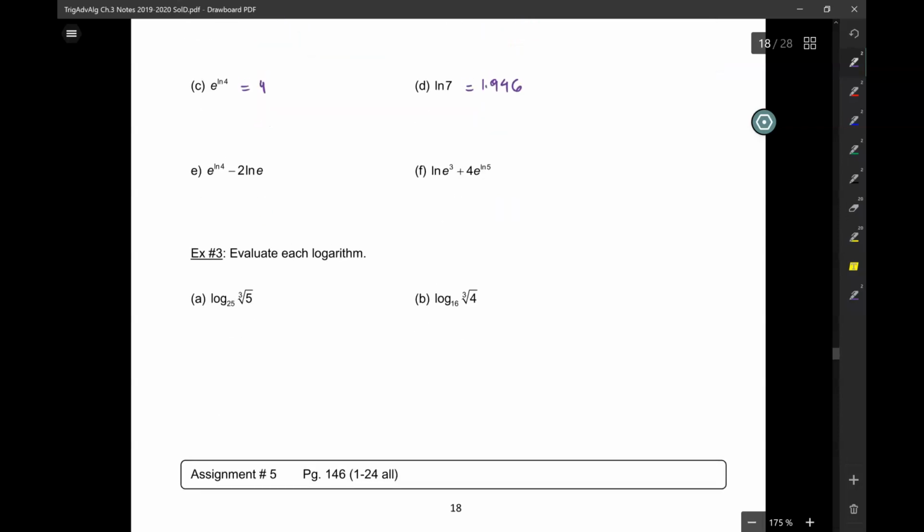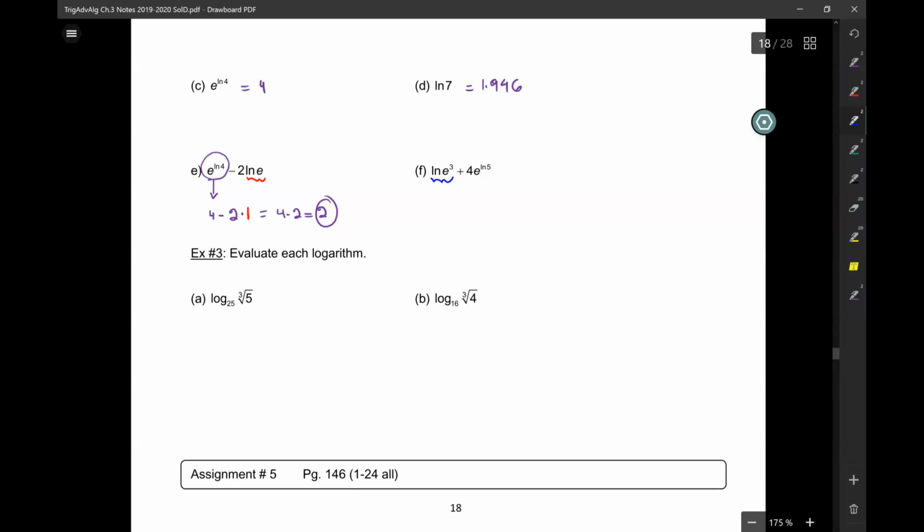Take a look here. This is a multi-step one. E to the ln of 4, how much does that equal? That's just 4 minus 2 times, well, what's ln of e? 1. So 4 minus 2, that's just 2. Cool? Take a look at this one.